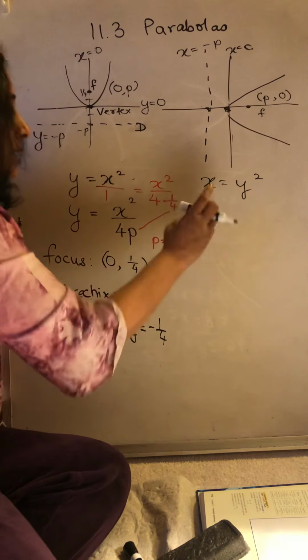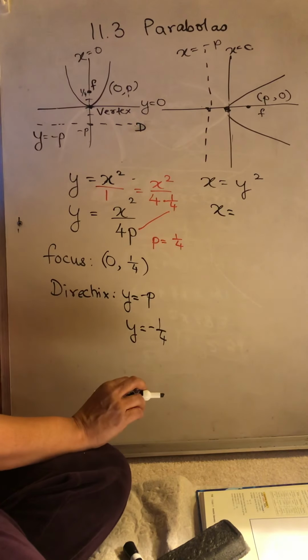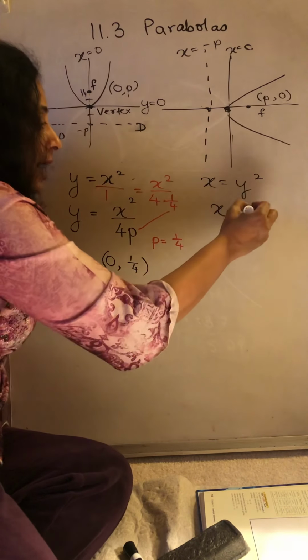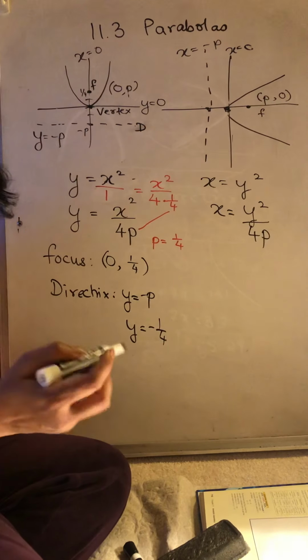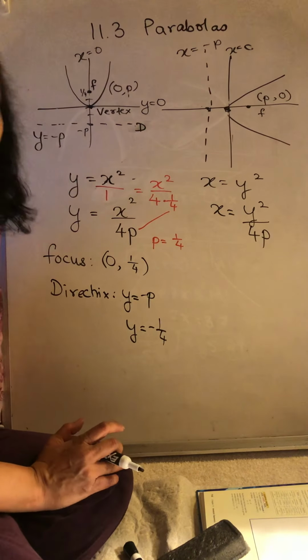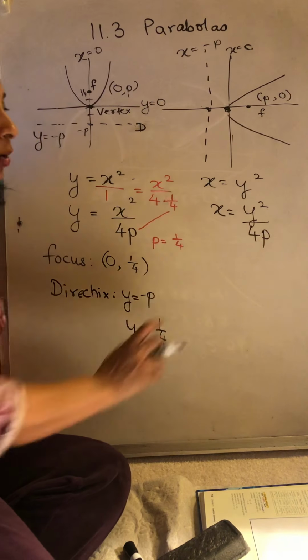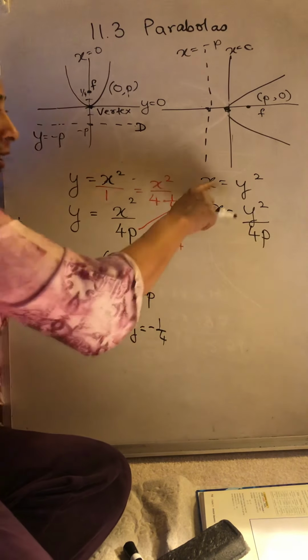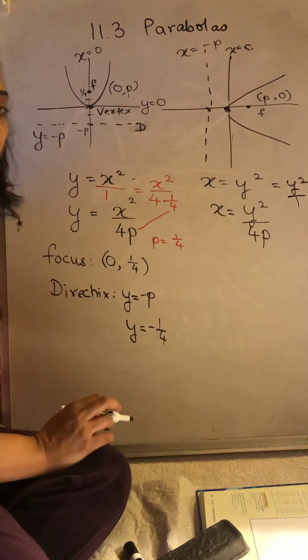So here in this case, I know the equation is x equals y squared. But in case I want to find the directrix and focus, I need to find the p. What's the relation of p? It's always x equals y squared over 4p. In this case, x equals y squared means it's y squared over 1.